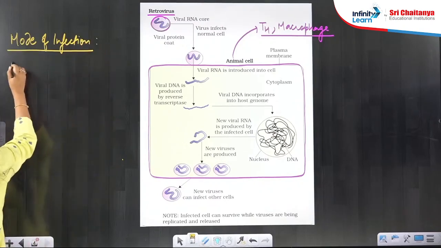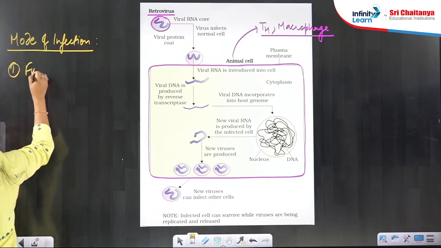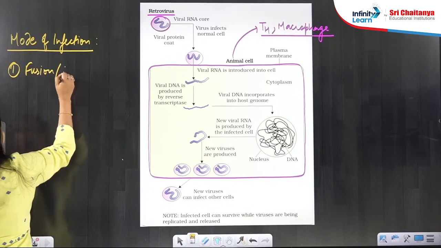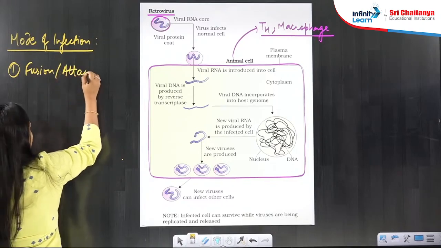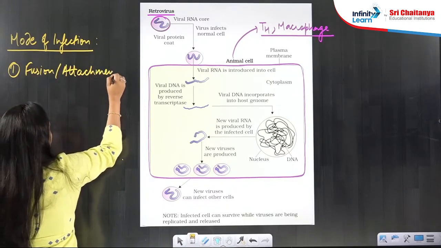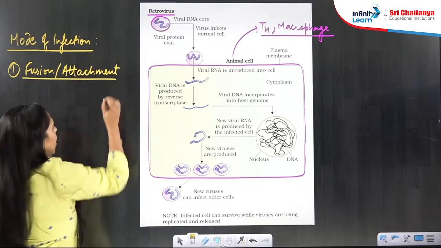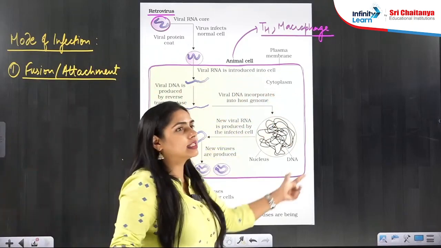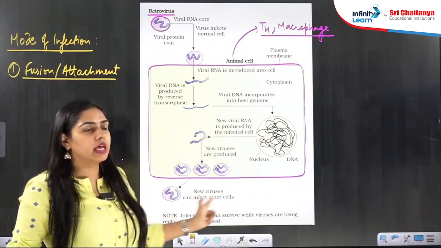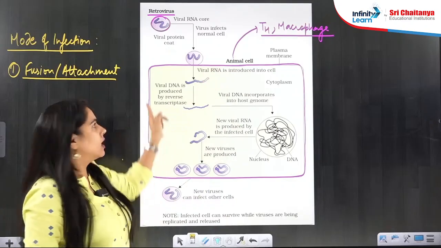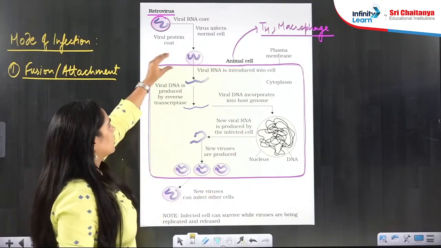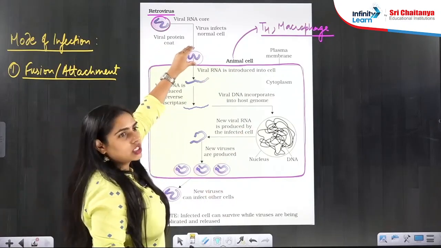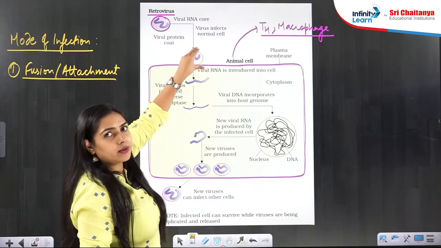You can see the first step is fusion, or you can say attachment. There is attachment of the virus to the animal cell plasma membrane. The virus is getting attached, the virus is getting fused.